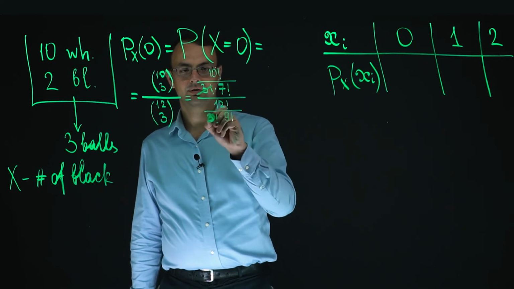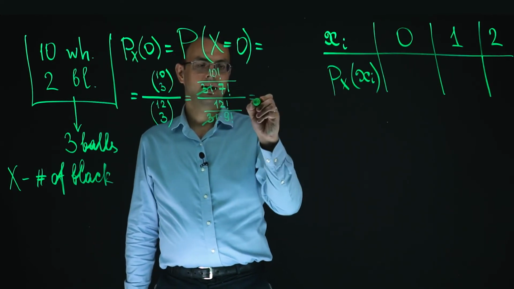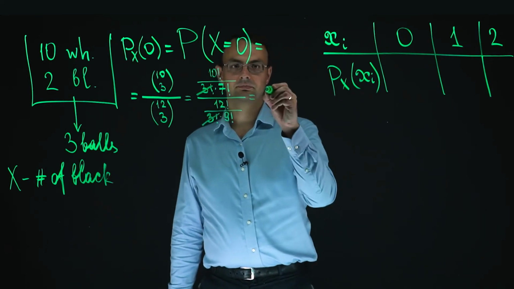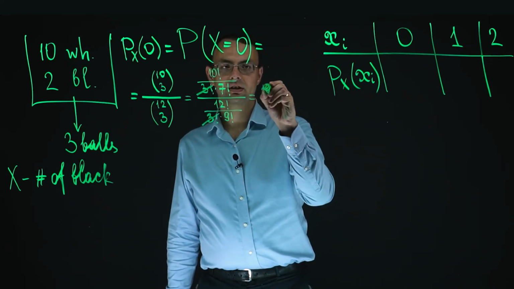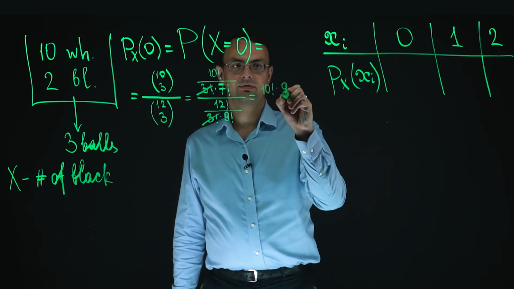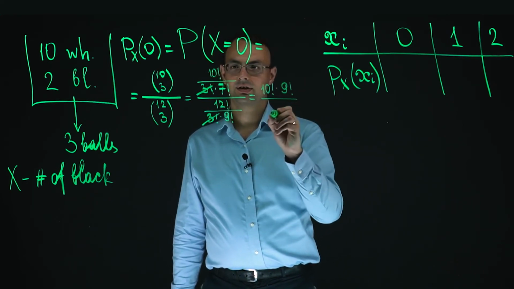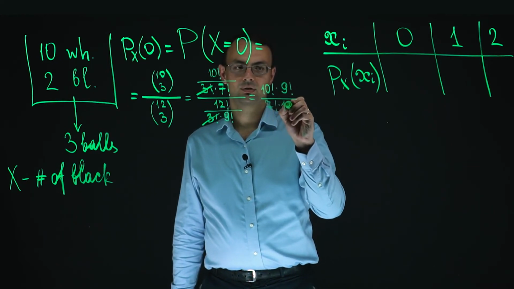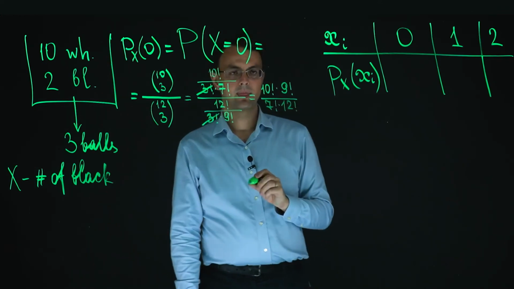So 3 factorial is cancelled, and here I have 10 factorial times 9 factorial, and here 7 factorial times 12 factorial.